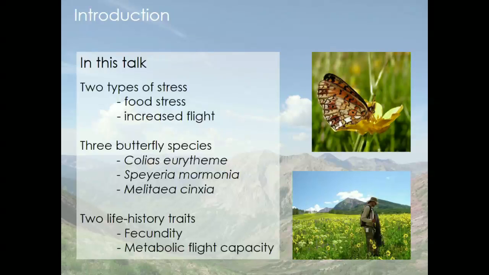I'm going to present work done using 3 butterfly species, 2 North American species, Coleus eurythemi and Spirea mormonia, and the European or Eurasian Glanville fritillary butterfly Melitaea cinxia. I'm going to focus on just 2 life history traits, fecundity and metabolic flight capacity.